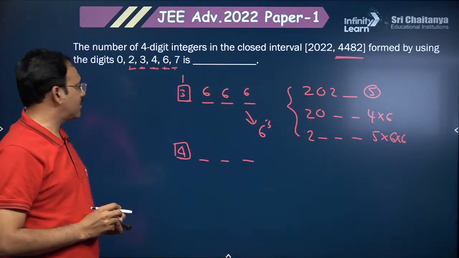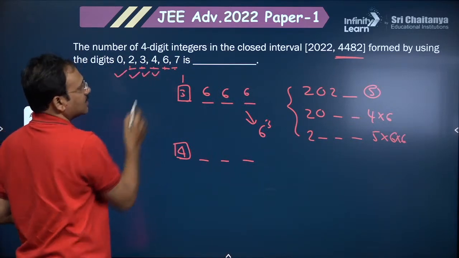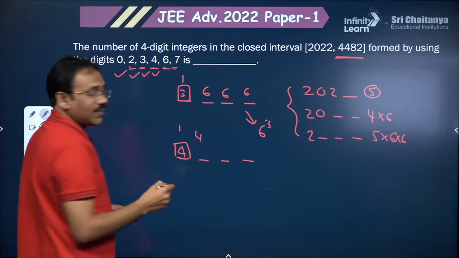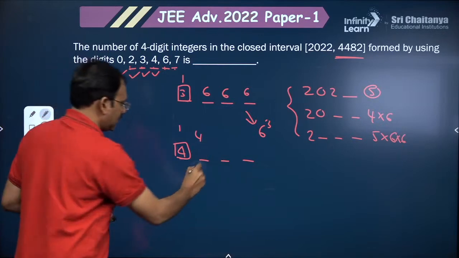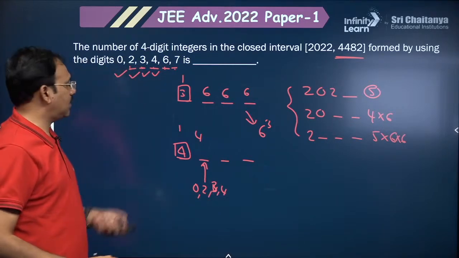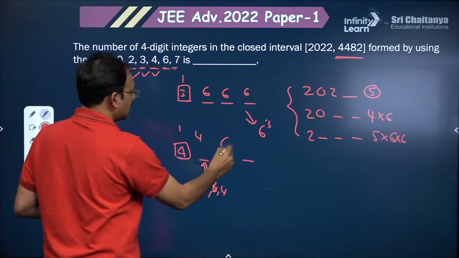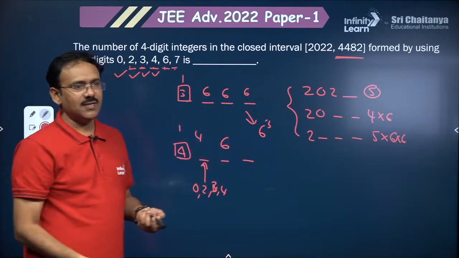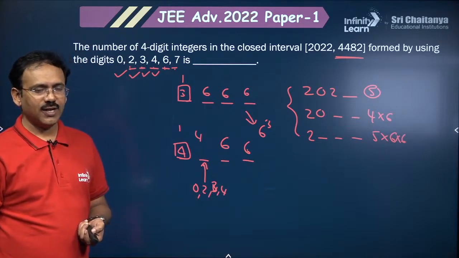In this case, suppose here you can put 0 or 2 or 3 or 4, that is also fine, because the next digit is 8 which is greater than this. This can be filled with any of the digits 0, 2, 3, 4. Once it is done, 44 is done. Here you can fill any of the digits in 6 ways. Here also you can put any digit, because the largest possible is 77 here, so no problem. This is 4 into 6 into 6, you are going to get, my dear friends.